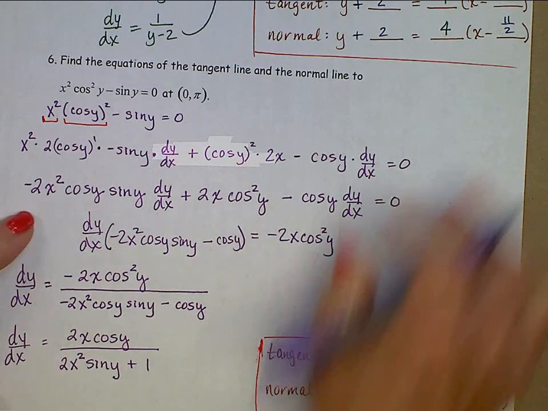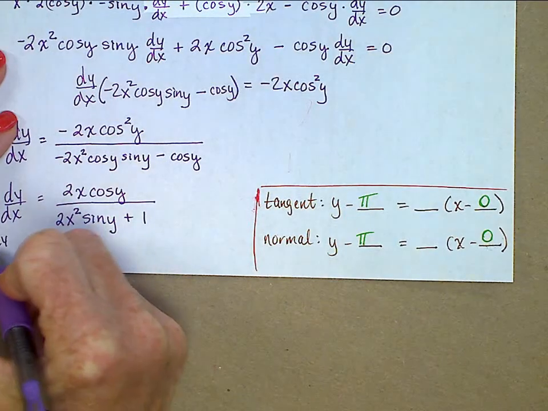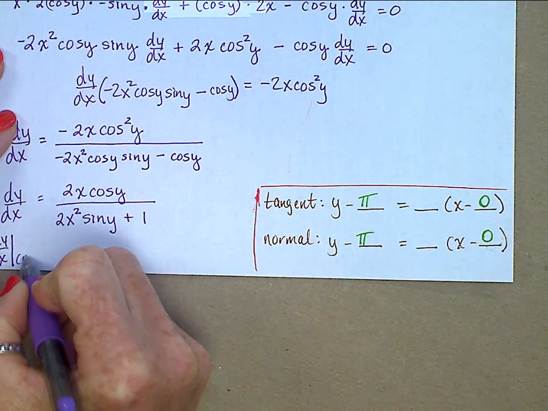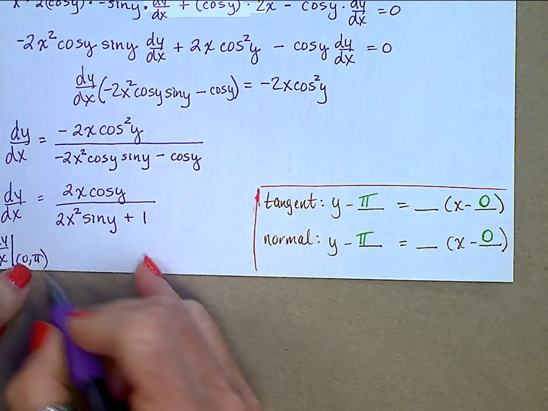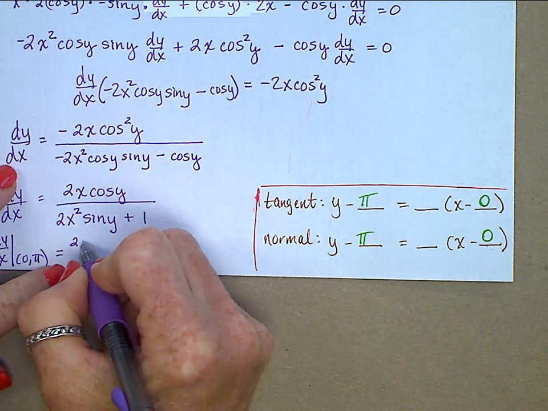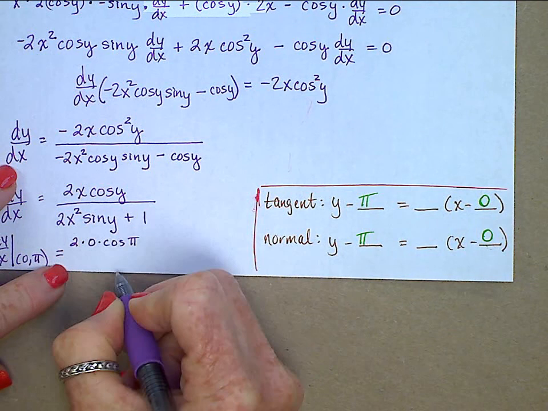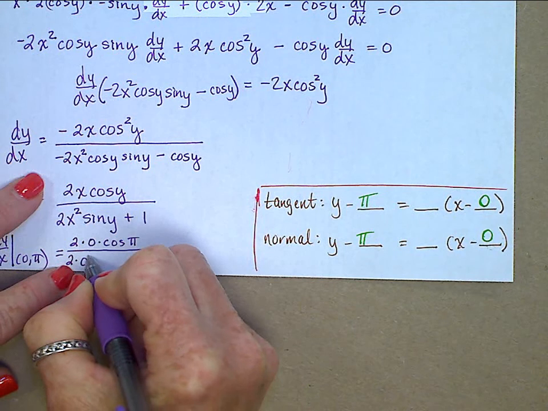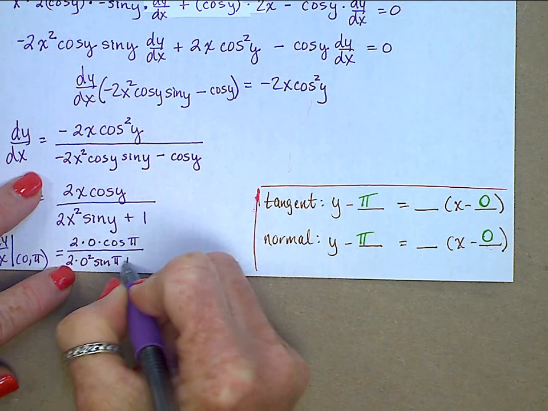We want to now find dy dx at the point 0, pi. So we're going to sub in a 0 for x and a pi for y. So this is 2 times 0 times the cosine of pi over 2 times 0 squared times the sine of pi plus 1.